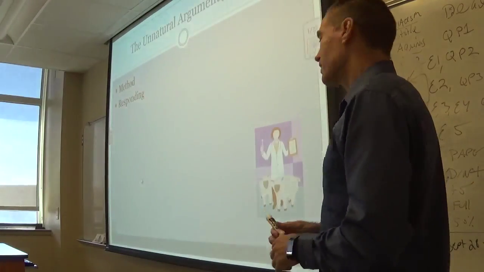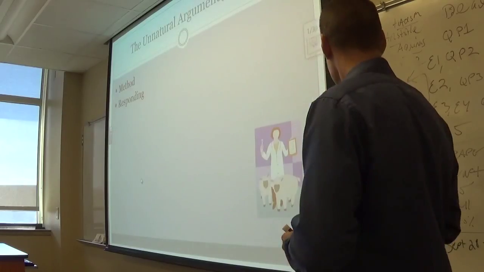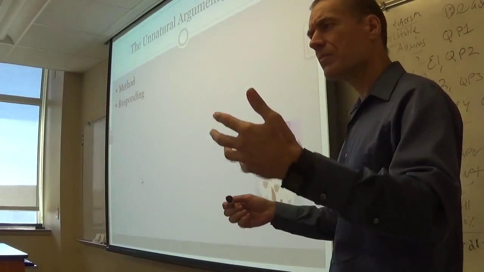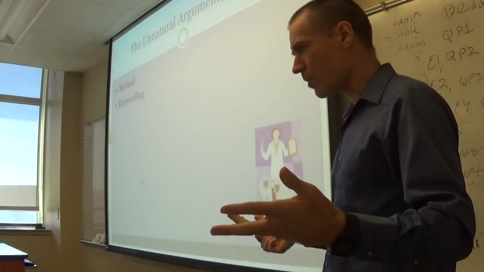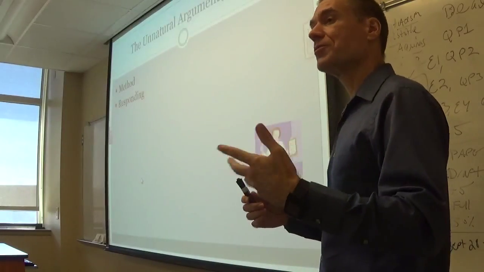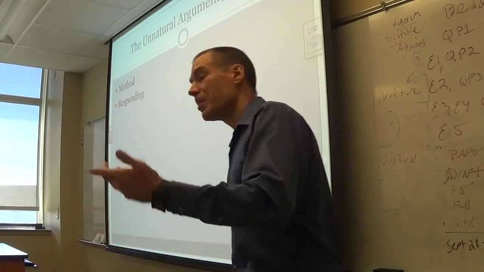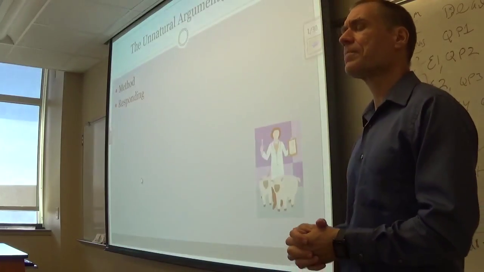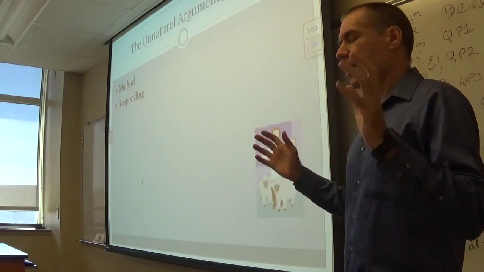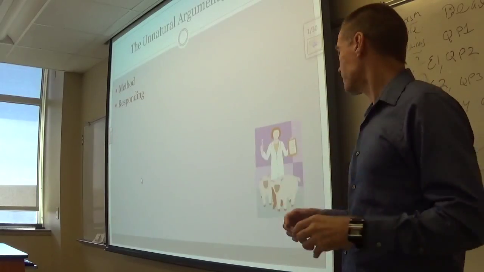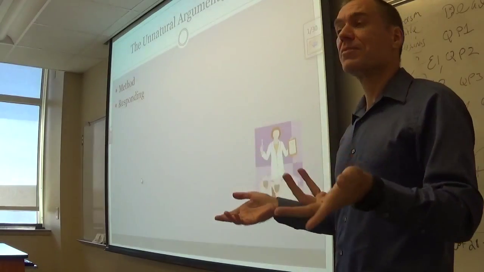Now, what about the nature argument? It doesn't occur in nature, so it's wrong, or it occurs in nature, so it's good. And people often make that argument. Not only in morality, people often say, well, it's unnatural, it's wrong, it doesn't occur in nature. Or people will say, well, it's natural, so it's good.